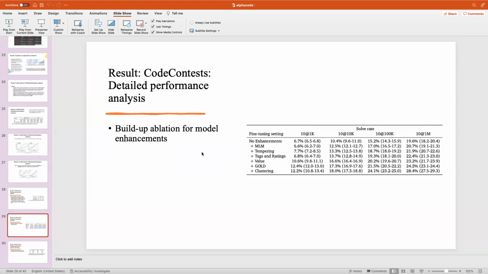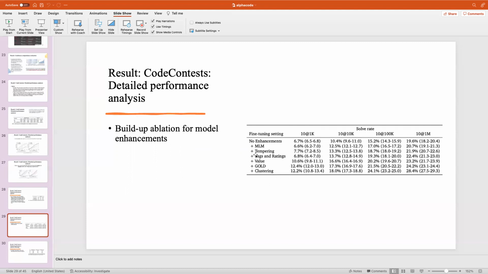And here is a build-up ablation for the model enhancements. No enhancement means the basic model without any tricks. The ablation shows that all those parts are effective in some way to help benefit the performance.